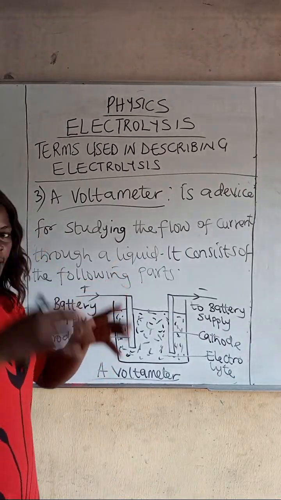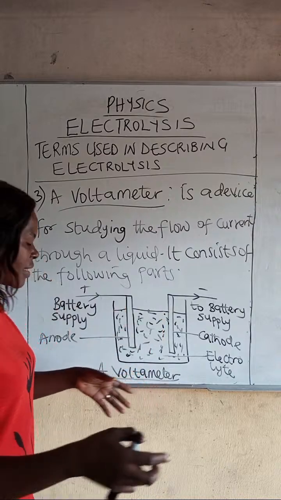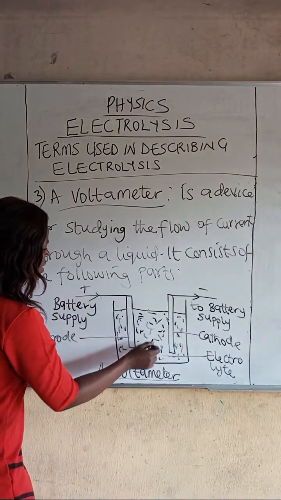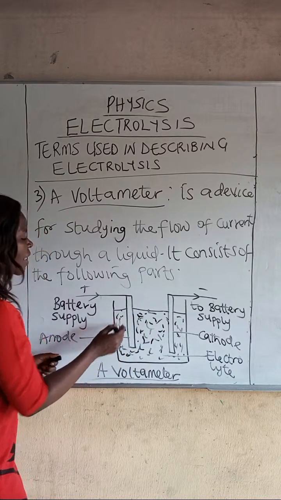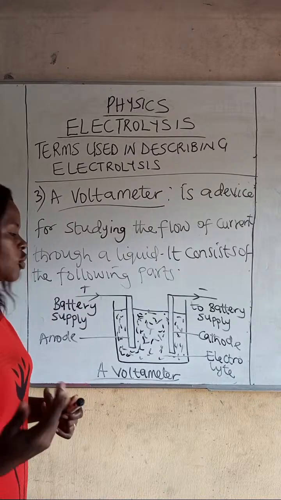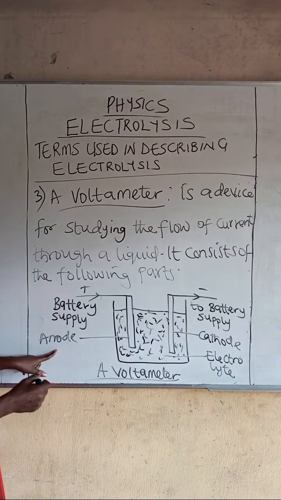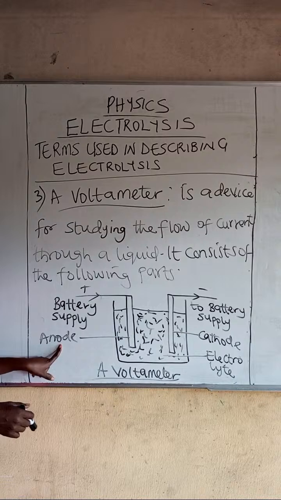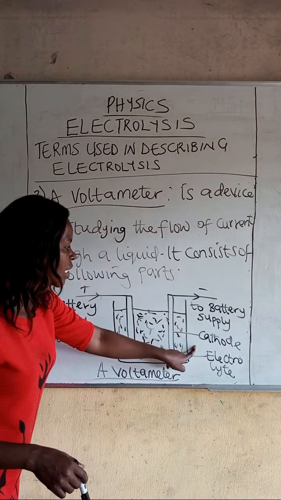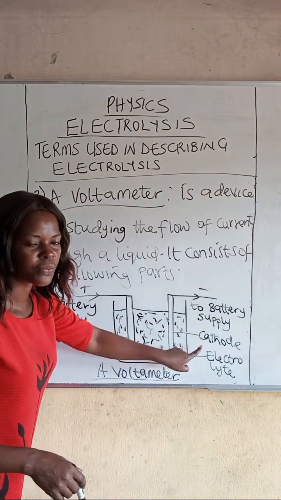All are inside this device called a voltameter. This is my electrolyte, this liquid. Remember, it must be a liquid or molten form, right? And we have two electrodes. Anode is a positive electrode. Cathode is a negative electrode.